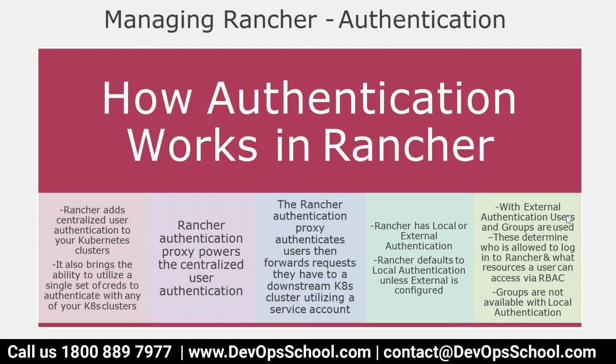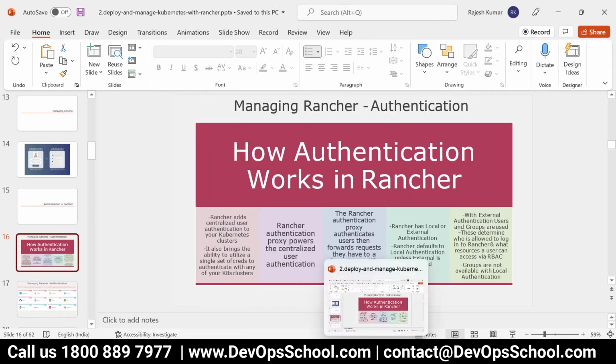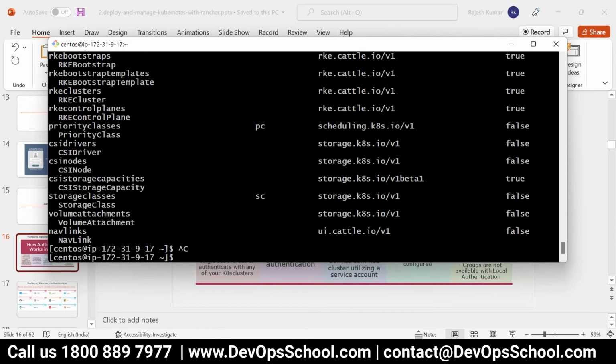Yes. So the Rancher authentication proxy authenticates the user, then forwards the request to a downstream Kubernetes cluster utilizing a service account. Now, what service accounts? You have to keep exploring. kubectl get SA means service account, with all namespaces.